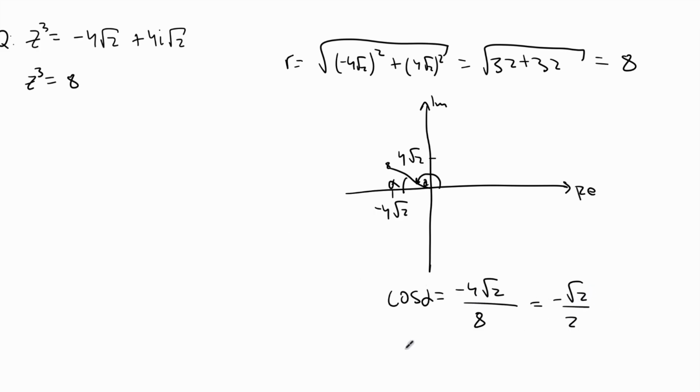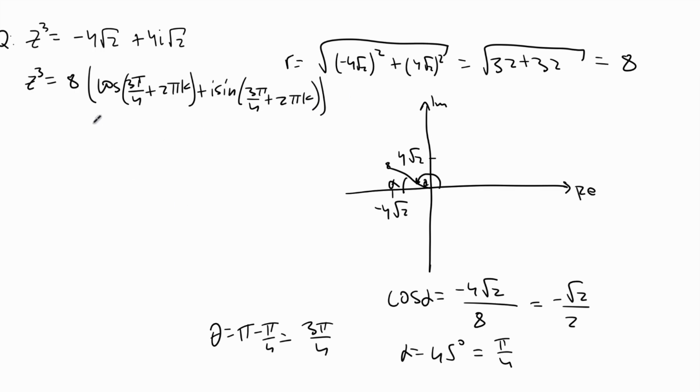And alpha here is going to be equal to 45 degrees, or in other words, it's going to be equal to pi over 4 radians. And from this we can find theta. Theta is going to be equal to pi minus pi over 4, which is 4 pi over 4 minus pi over 4, which is 3 pi over 4. And so let's go ahead and write down the expression.